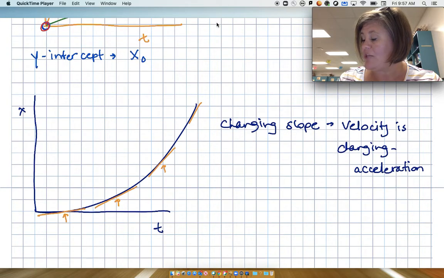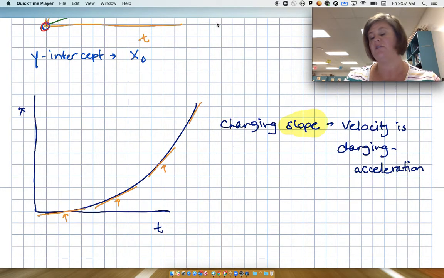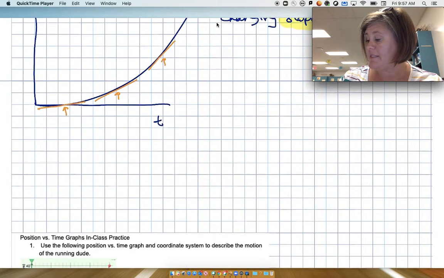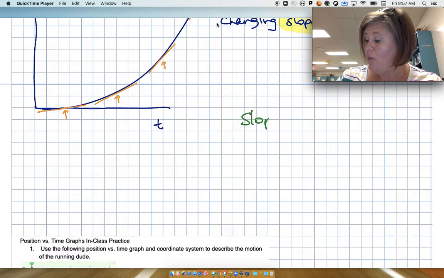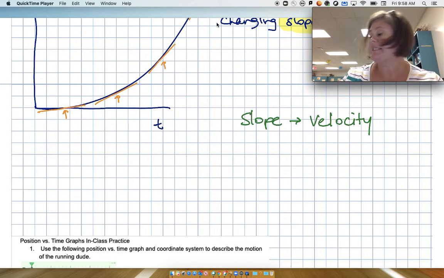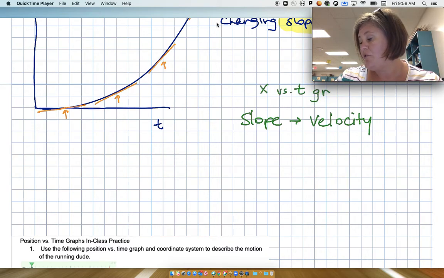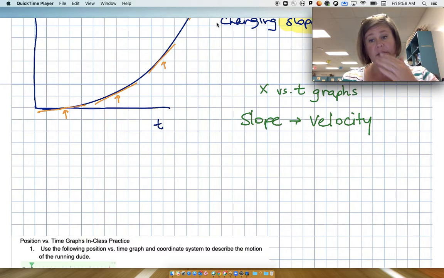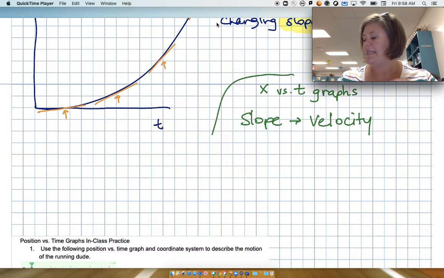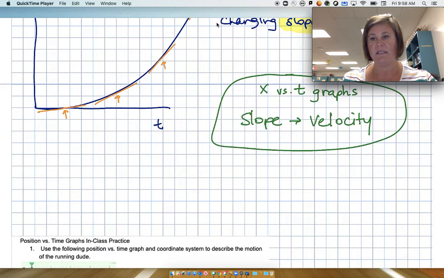You can kind of see a changing slope means a changing velocity. The big rule that we need to remember about position versus time graphs is that the slope represents the velocity of the object. And this is for position versus time graphs. Eventually, we're going to get to velocity versus time graphs, and that's a little different.